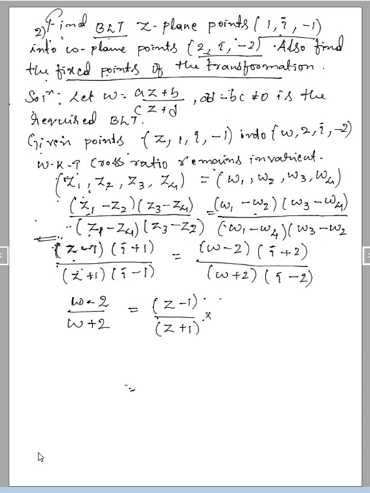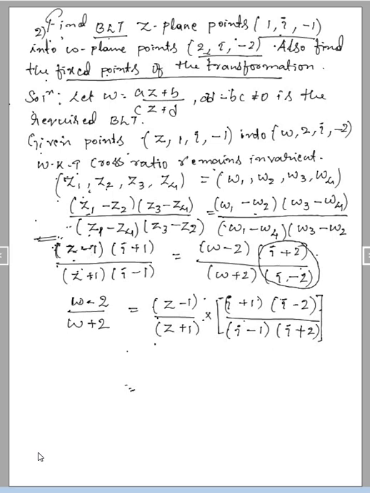It is multiplied with I plus 1 into I minus 2, as I am cross multiplying these two values, whole divided by I minus 1 into I plus 2.